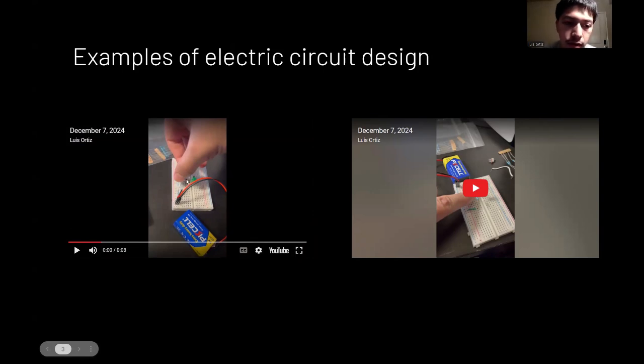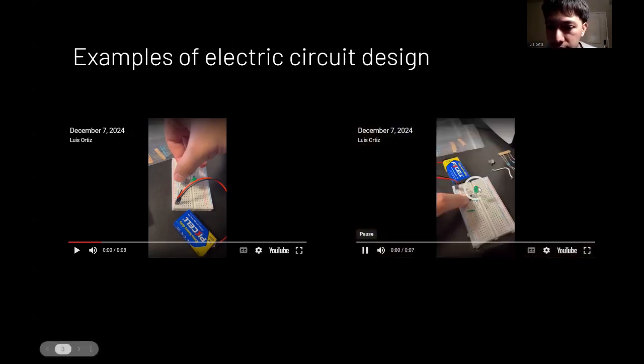Depending on whether the switch is on or off, it will determine if the LED light gets lit. And then there's another wire that connects back to the other side of the voltage. And here's another example.